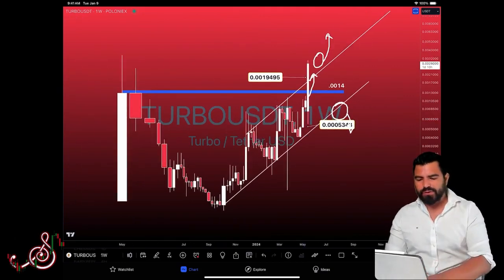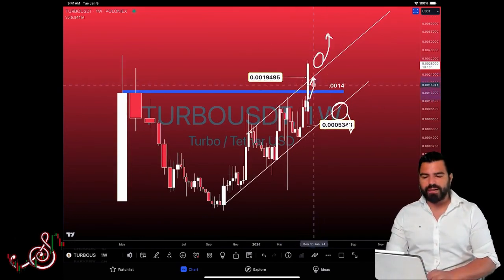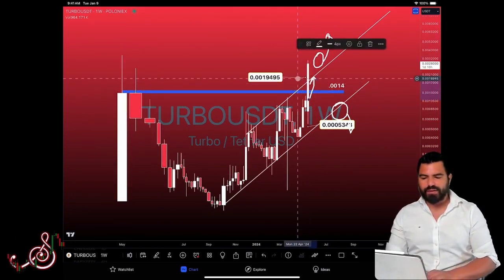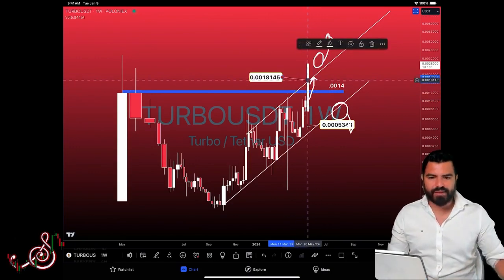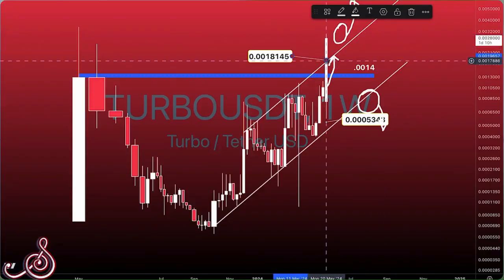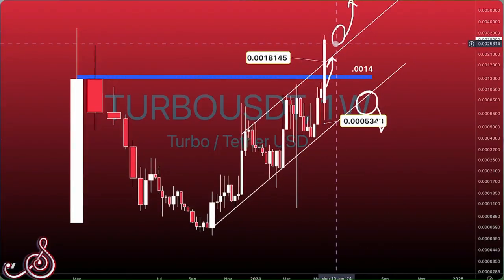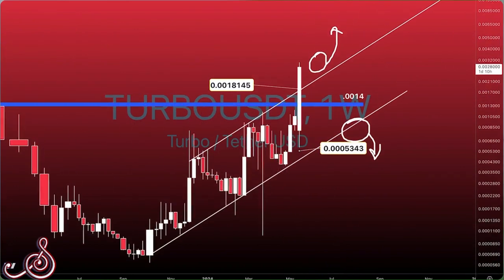So no new real map needed. We're trying to get the close above this resistance area, in this area right there. When did we last look at this? Okay, we already hit the resistance. We're trying to get above and hold above this resistance from here. That's going to trigger the next trade.